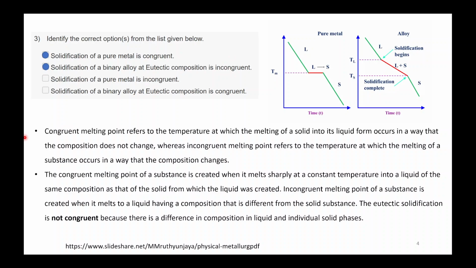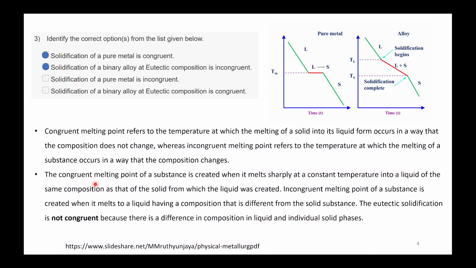A congruent melting point refers to the temperature at which the melting of a solid into its liquid form occurs in a way that the composition does not change, whereas an incongruent melting point refers to the temperature at which the melting of a substance occurs in a way that the composition changes.